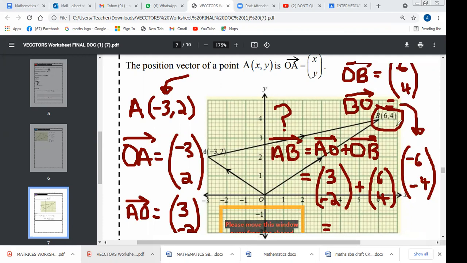Sir, if they had not given us the coordinates, we would have to work it out. Yes. Well, I wouldn't call it working out, but what you would have done is just identify where the value is. So it's at the 4th position. So you write in 6 and 4. Okay.